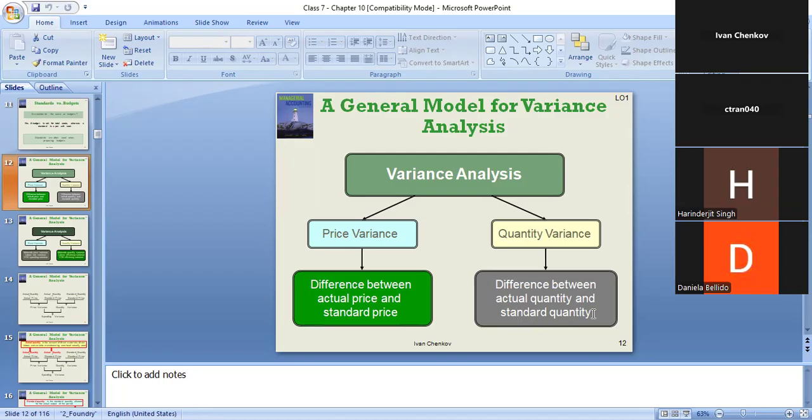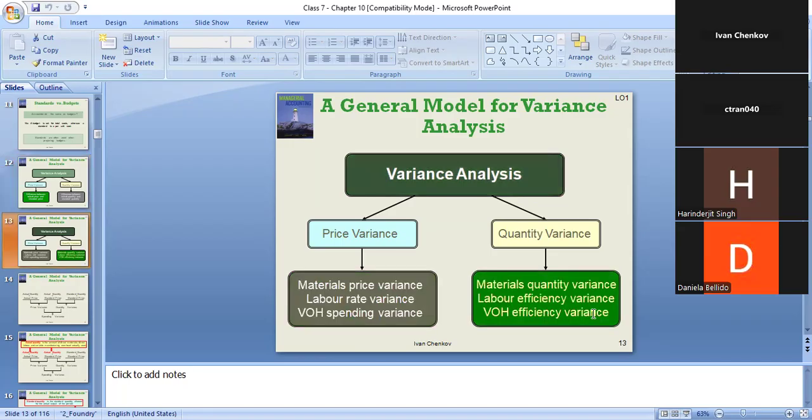Again, two variances: price variance, quantity variance. On the price variance, the difference between the actual price and the standard price. Quantity variance, the difference between the actual quantity and standard quantity that we have for our standards. That will be for the material.